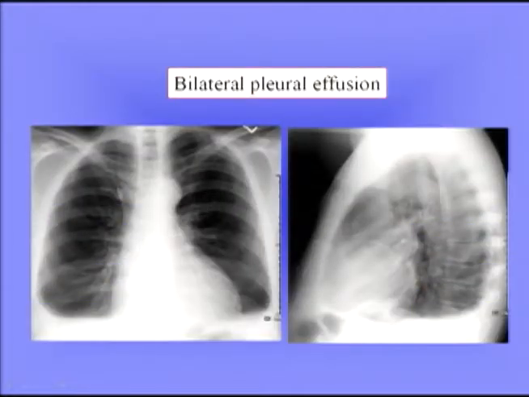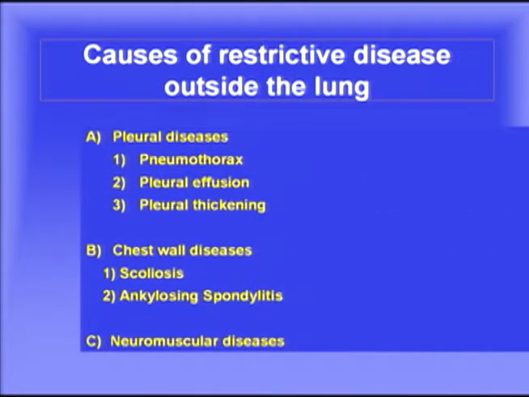Pleural effusion is another disease where you can get an impaired expansion of the lung because of effusion in the intrapleural space. Here's an example of bilateral pleural effusion, not a particularly large one, but you can see plenty of effusion in the space there. The causes of pleural effusion: often it's a malignancy, or in heart failure you may get pleural effusion.